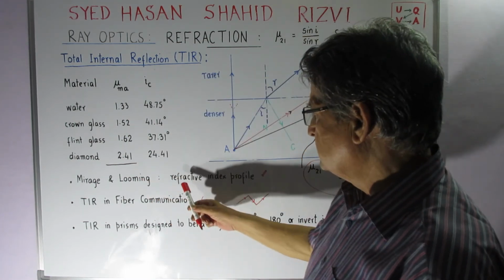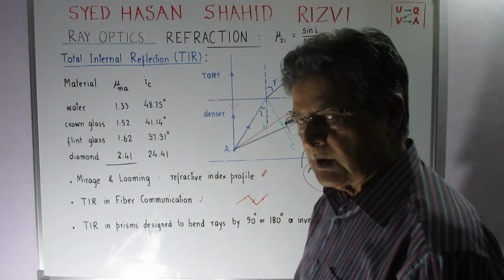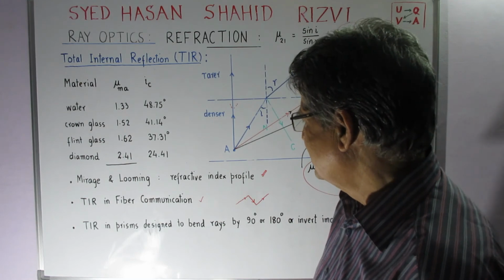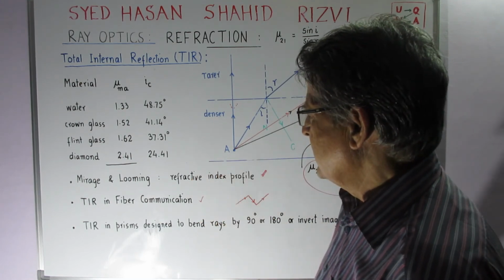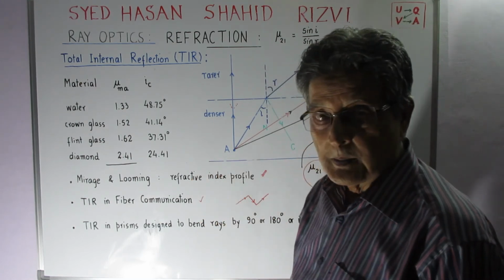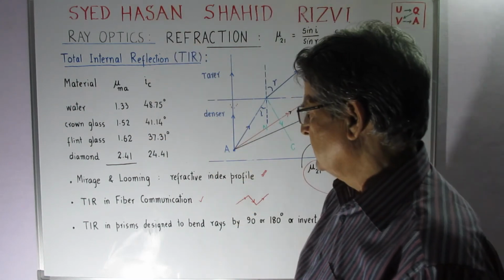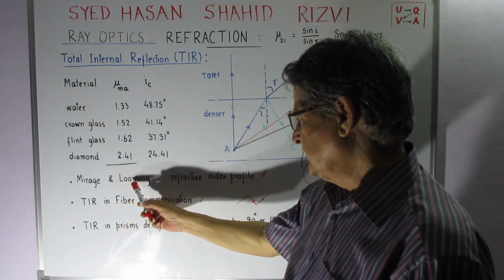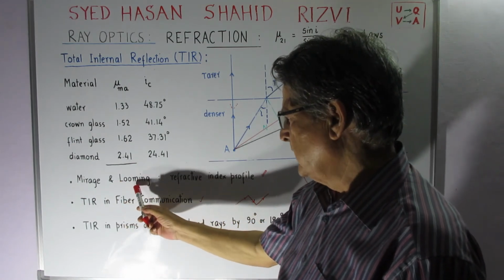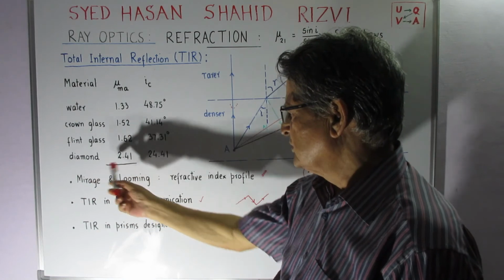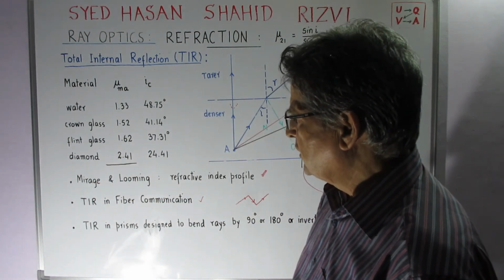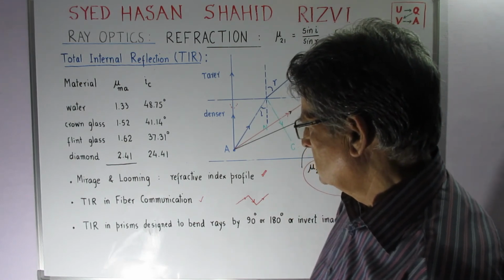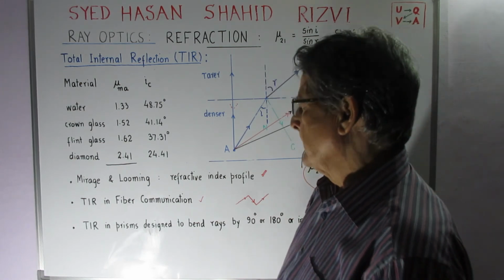That is also because of the refractive index profile, because near the water the refractive index is more, and on the upper side it is less. So that is called the phenomenon of looming, which is a kind of reverse of the phenomenon of mrig marichika, sarab.